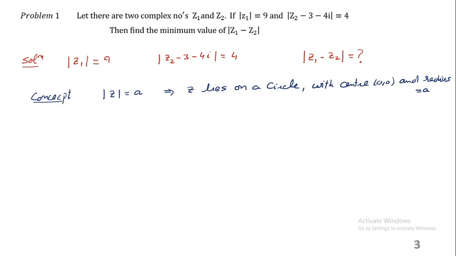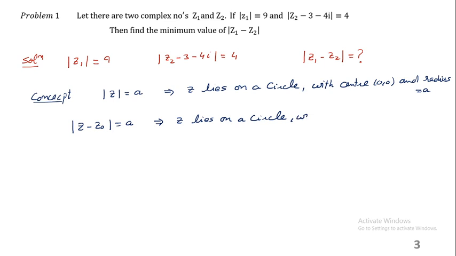And suppose we are given something like this: mod of z minus z naught is equal to a. Then also the locus of z is a circle, z lies on a circle. But its center is z naught, not the origin, not (0, 0).